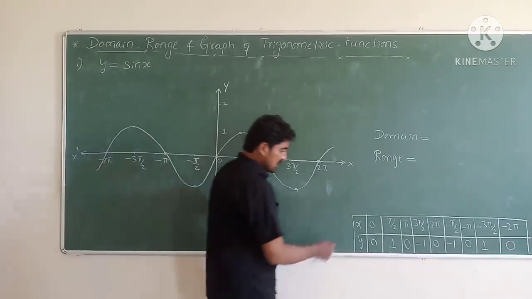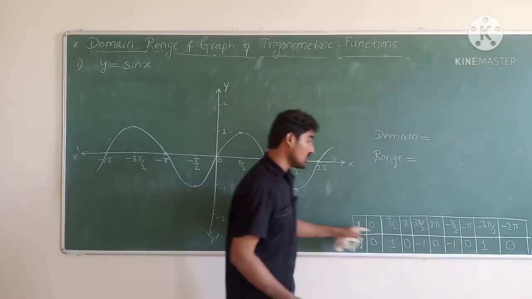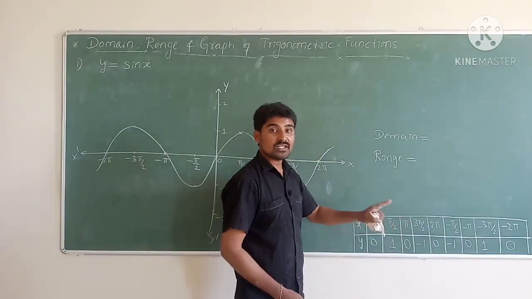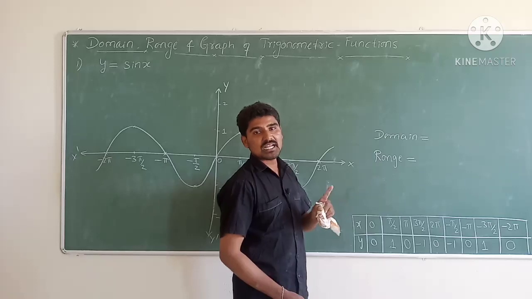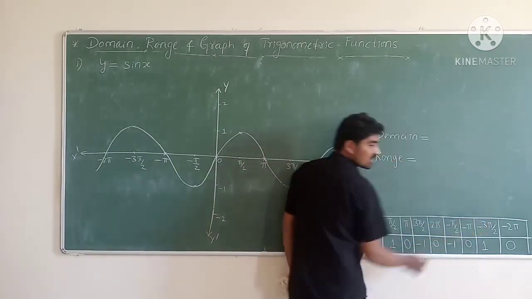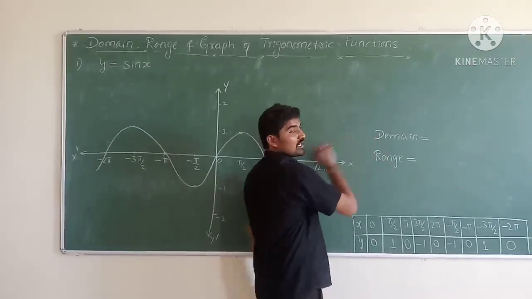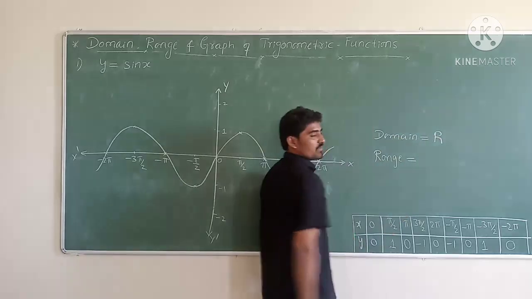Therefore these are all considered as the real numbers. I already discussed this when we were discussing the relation between radian measures and real numbers. So real numbers and radian measures are one and the same. Therefore the domain of the sin x function is the set of real numbers.